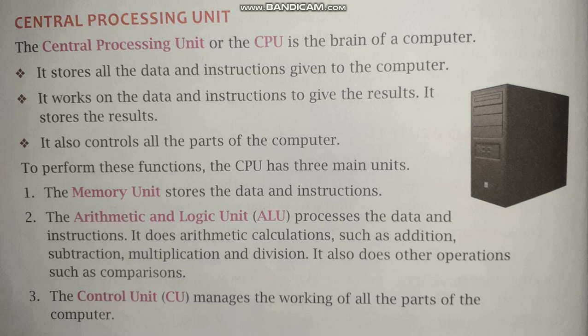The arithmetic and logic unit is used for calculation and the memory unit is used for storing data and instructions. Last one is the control unit. The control unit manages the working of all the parts of the computer.